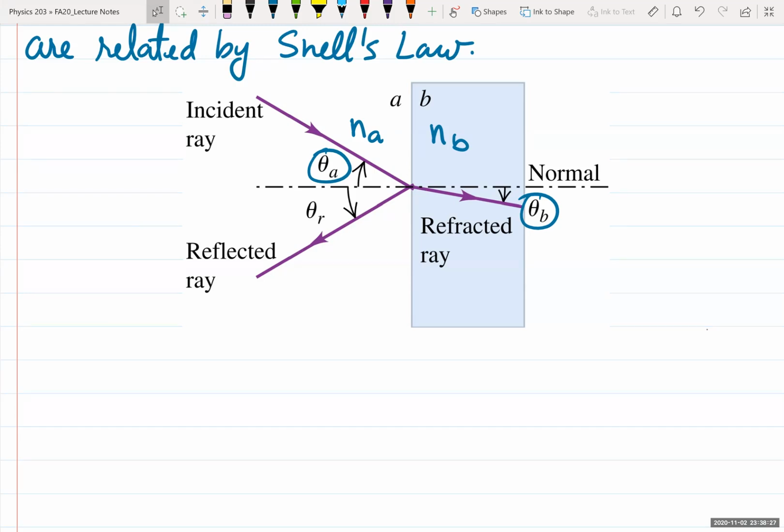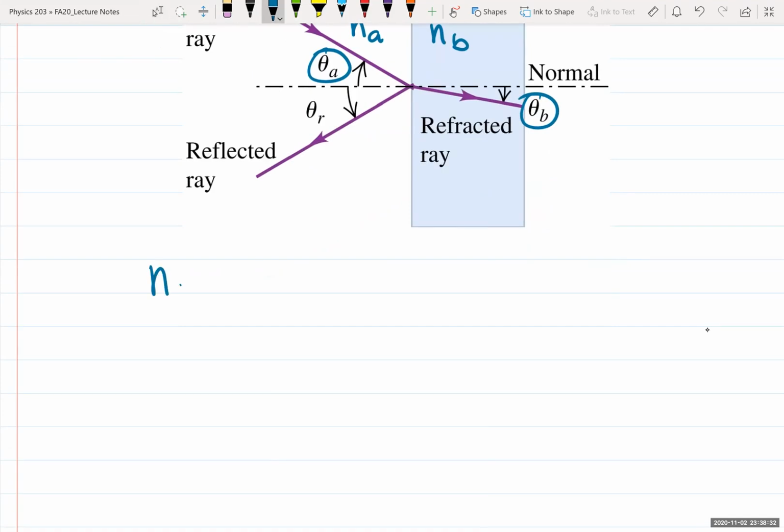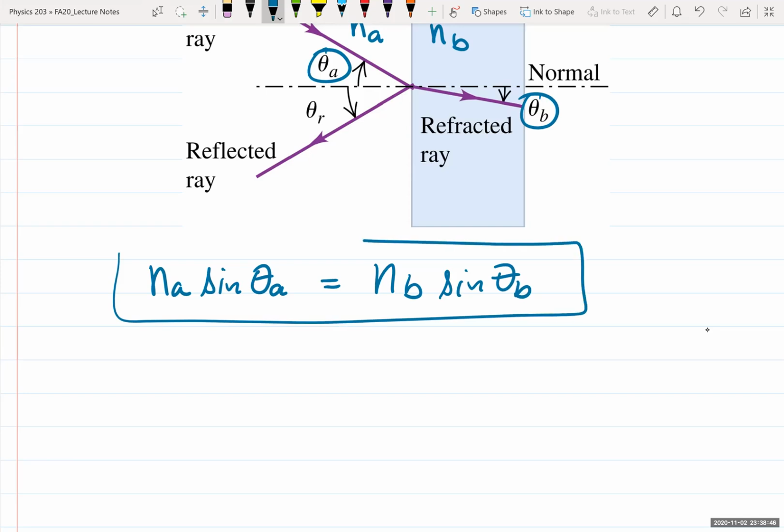Snell's law just tells me that the product of the index of refraction of the incident medium times the sine of the incident angle is going to be equal to the product of the index of refraction of the refracted medium times the sine of the refracted angle. Okay, this is Snell's law. It's going to be useful for a couple of things later on.